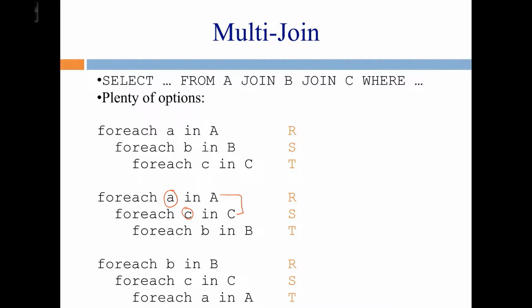So I couldn't put them as the first 2 relations like this. I couldn't have AC or CA, but I could have A then B then C, or C then B then A, or B first, as long as there's some way to link them together.